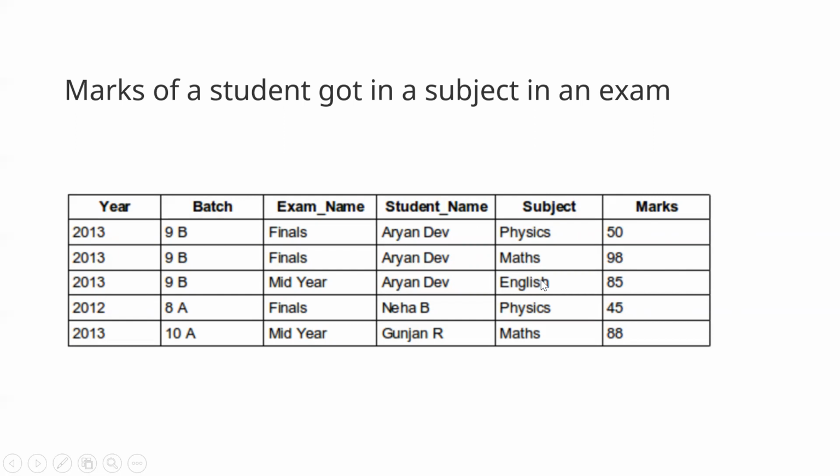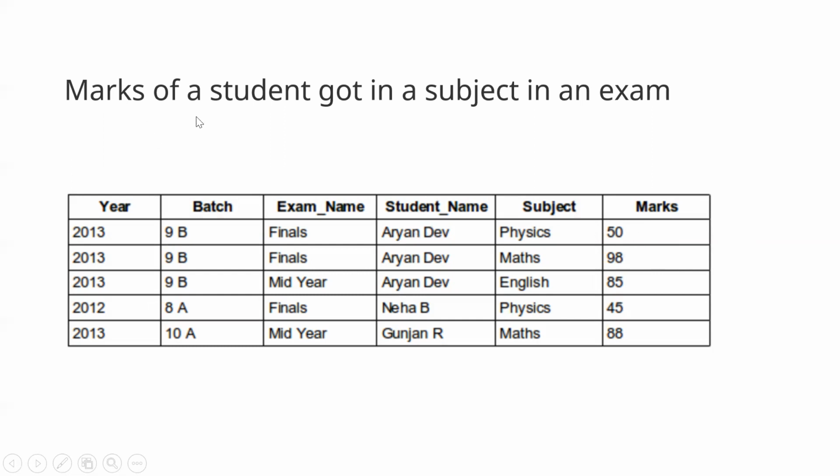I'm repeating once more: we are eliminating the subject column, so for Aryan Dev there should be only one row, with the marks of these three subjects summed up.